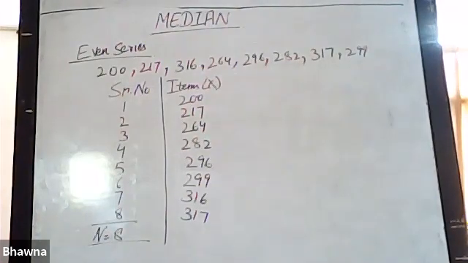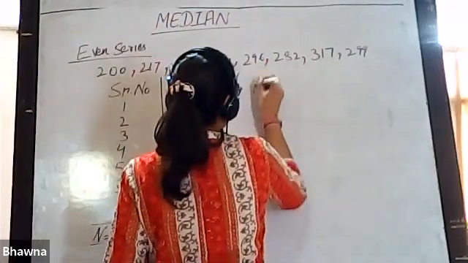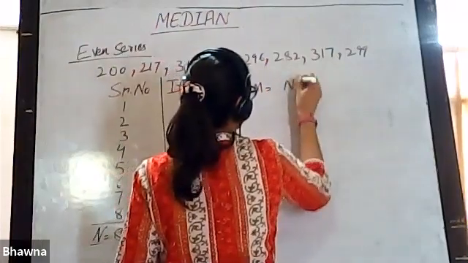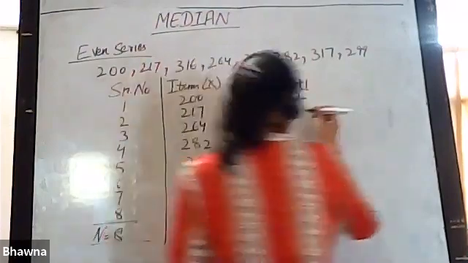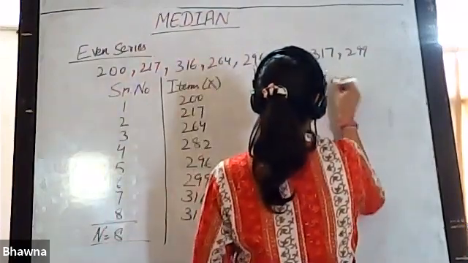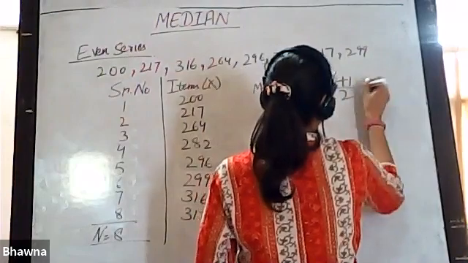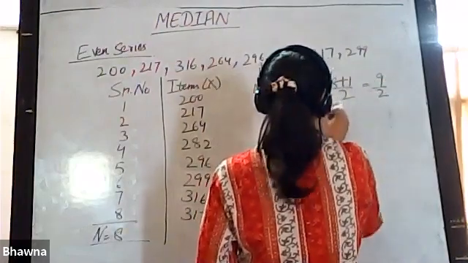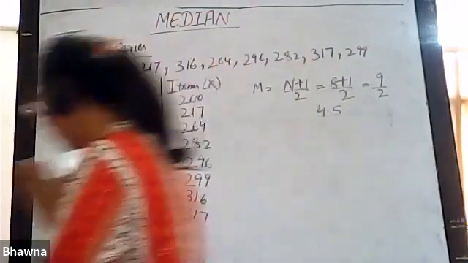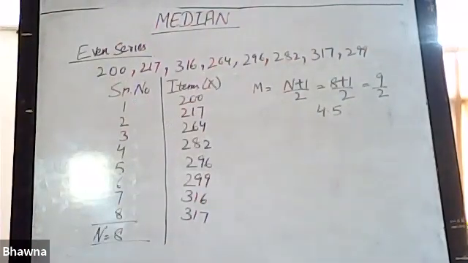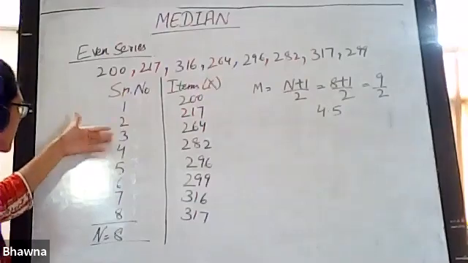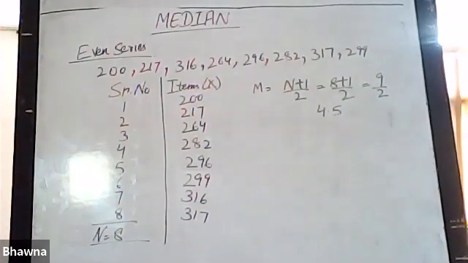So now we have to apply the formula of the median here. M is equal to (n plus 1) divided by 2, and n is 8, so (8 plus 1) divided by 2, 9 by 2, that is 4.5. Now, how can you check the size of the 4.5th item? We have the fourth item and the fifth item, not a 4.5th item.